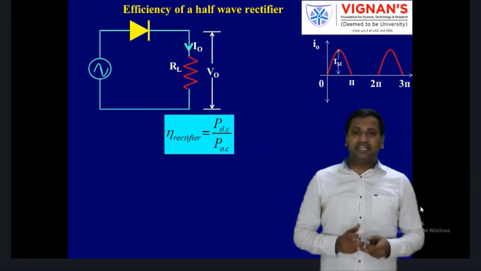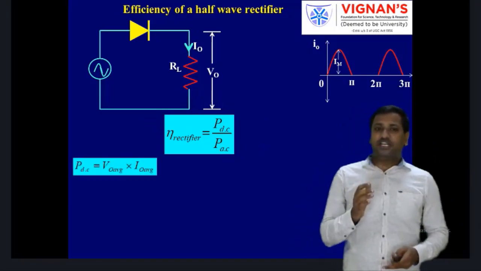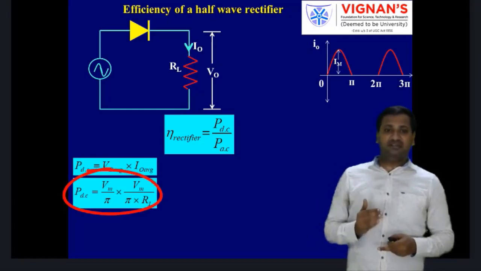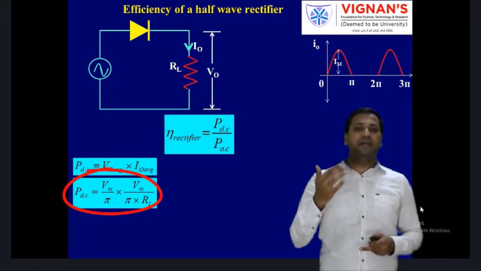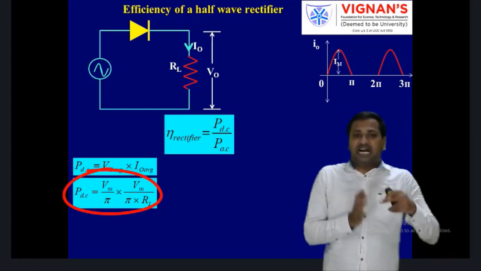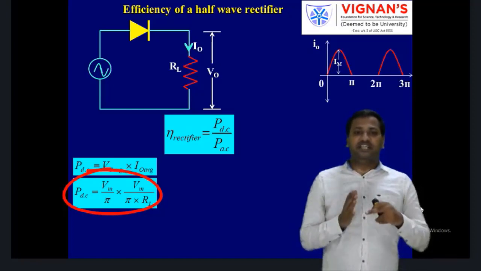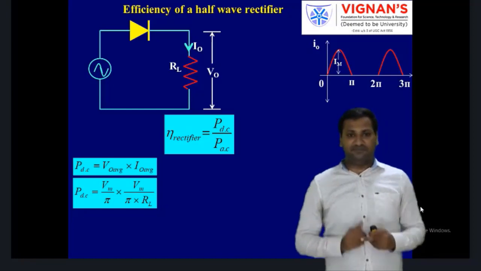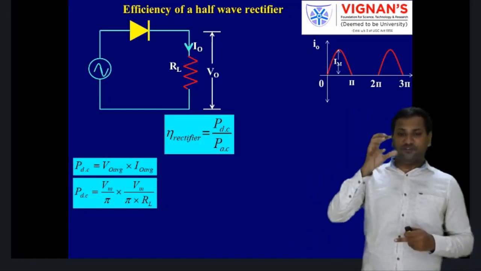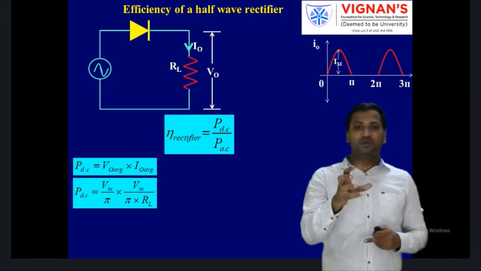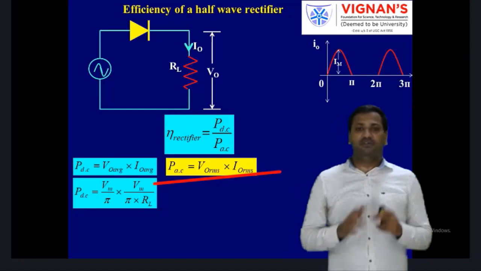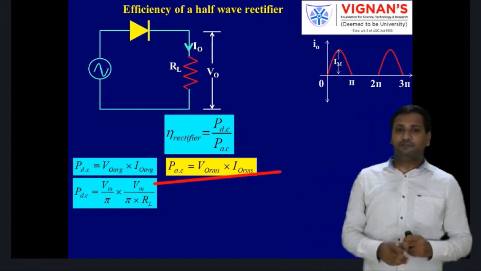Average voltage is Vm by pi, and average current is Vm by pi upon RL. By multiplying this average voltage and average current, we get the DC output power of the rectifier. Similarly, for AC input power, we need to find the RMS voltage and RMS current. By multiplying these both, we will get the AC input power.